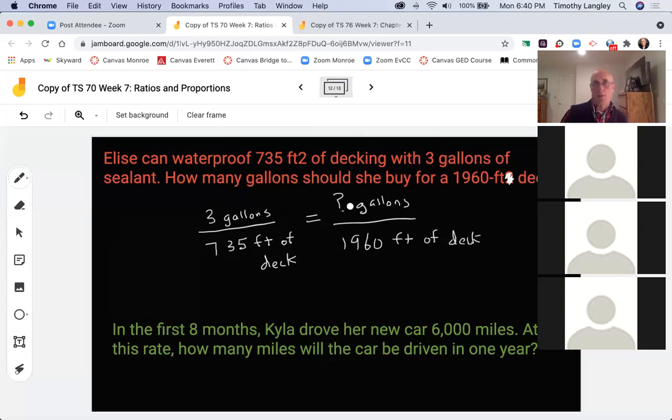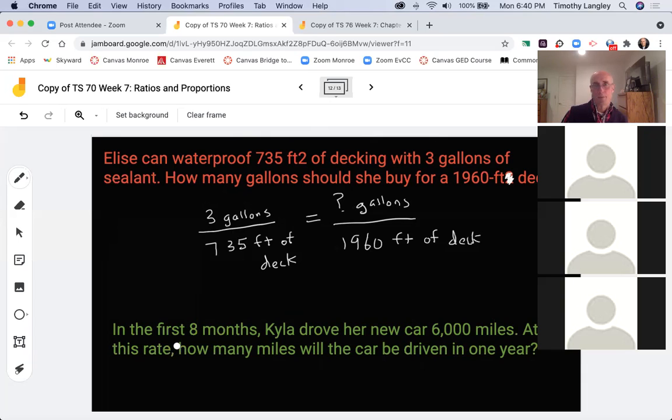You could put G, capital G or whatever, and make that your ratio. And so you would have 735 G equals whatever 3 times 1,960 is, and you'd be able to figure it out. Okay. Give you a moment.